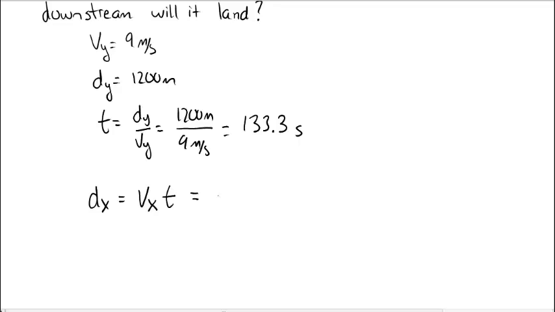So that is the horizontal speed of 4 meters per second times 133.3 seconds, and that works out to 533 meters. So the boat will land 533 meters downstream.